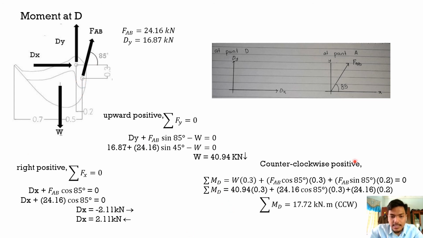We insert all the data and then we get total moment at D equal to positive 70.72 kilonewton meter. Because we got the answer in positive, we know that the bucket will move counterclockwise.